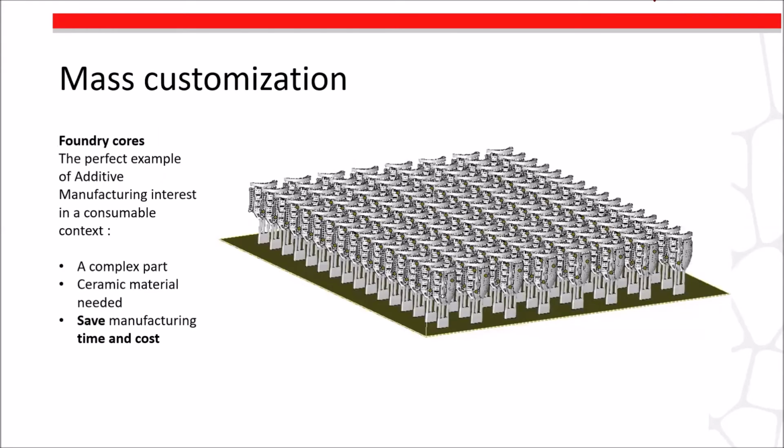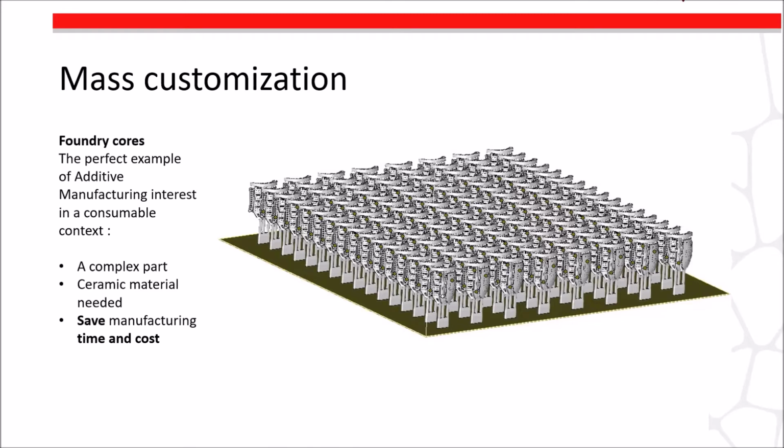Next slide, please, Phil. Okay, that's another example of what we could do. This is a very good example of cores for investment casting. It's turbine blades. It's a very complex geometry, usually thin and quite tall parts.